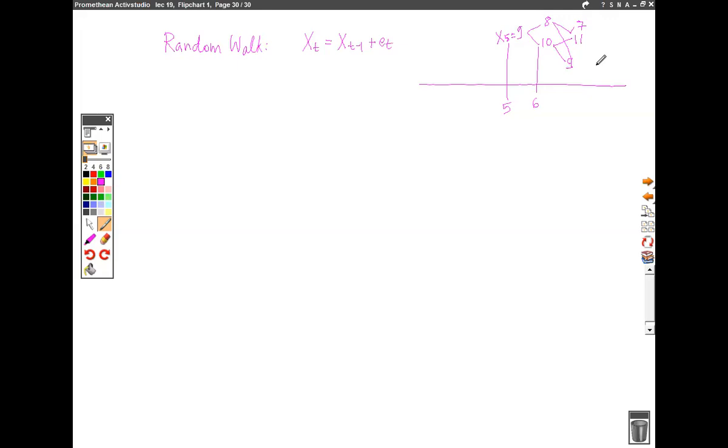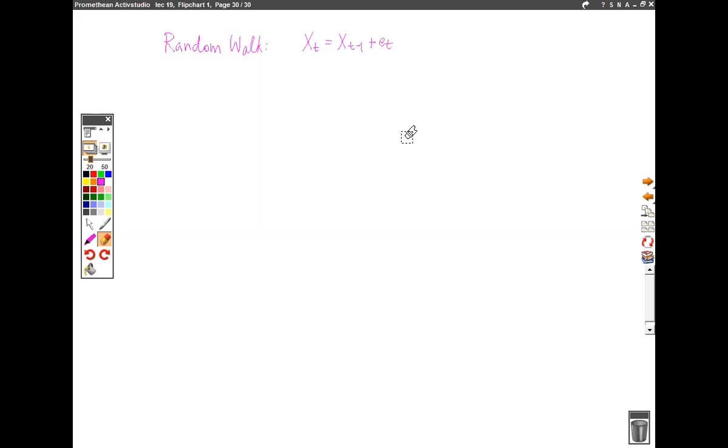So this is my random walk, and tell me, is this random walk a stationary process? What do you guys think? So what kind of a model is this?